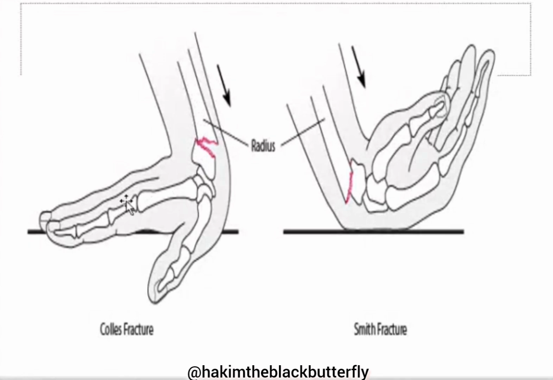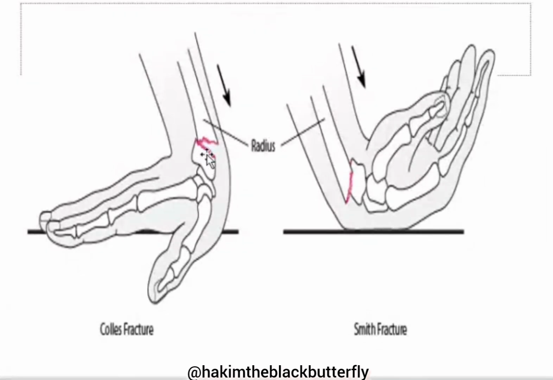So when you fall on an outstretched arm, you're going to have a fracture in the distal aspect of the radius bone, whereby the distal segment is going to be displaced posteriorly and the proximal segment is going to be displaced anteriorly.